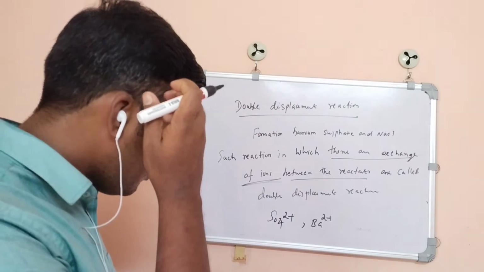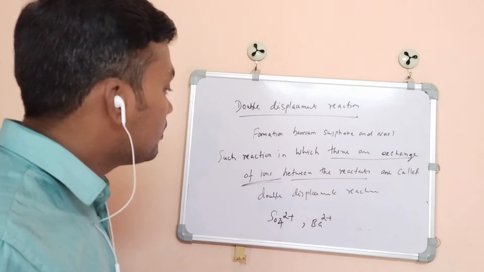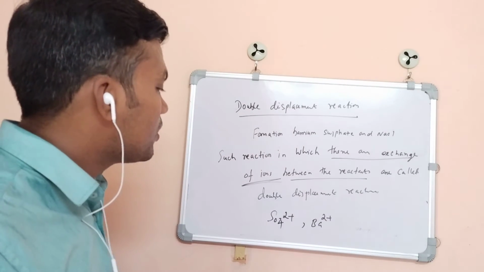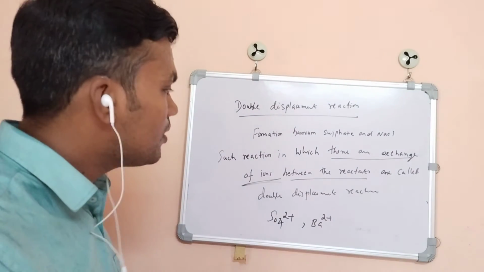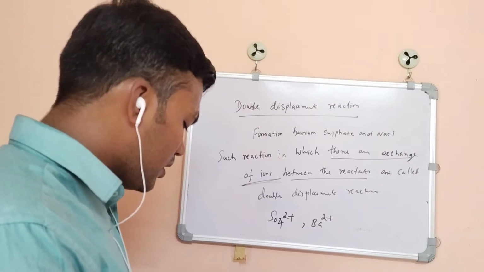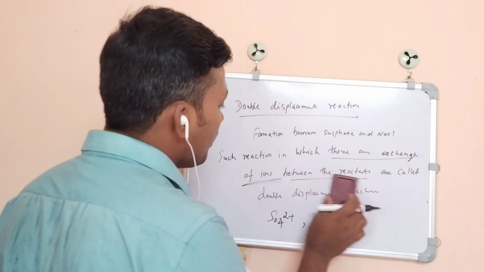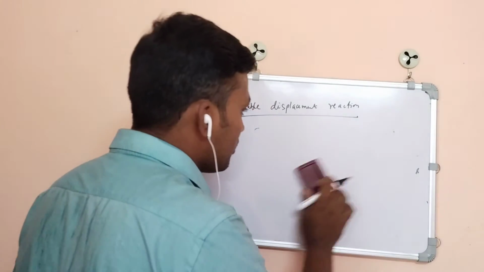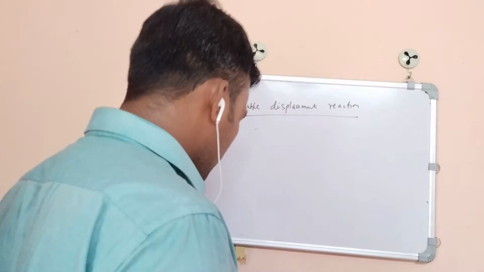Okay, so now you have understood the concept behind double displacement reactions. If there is an exchange of ions between the reactants, it is called a double displacement reaction. Or in other words, we can also say it in the following sentence.